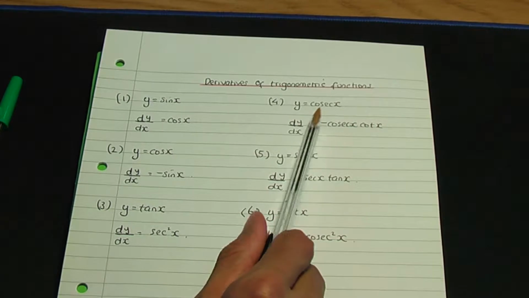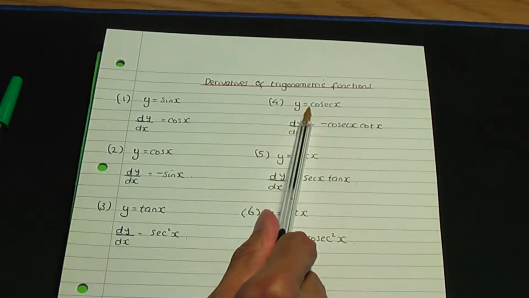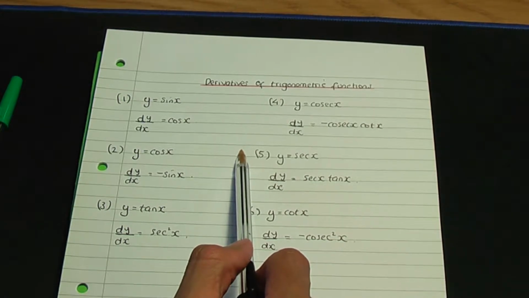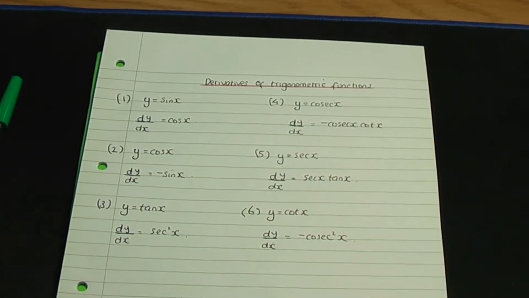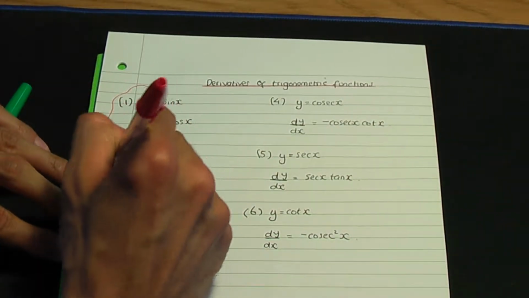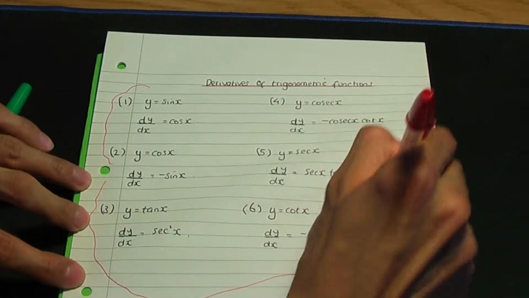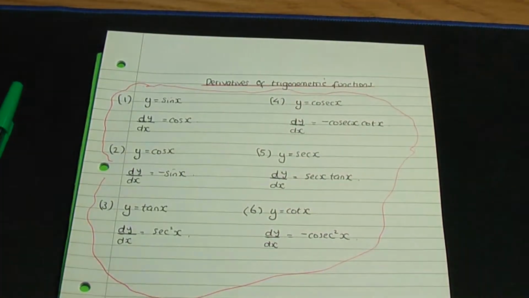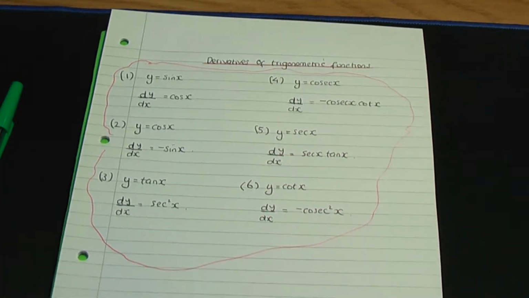If you differentiate cosec, again that ratio starts with a c, the result will have a negative sign in front. However, these are the standard results for the derivatives of trigonometric functions, the 6 basic trigonometric functions.